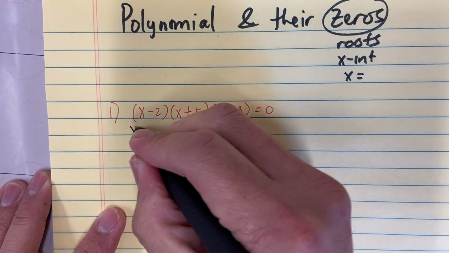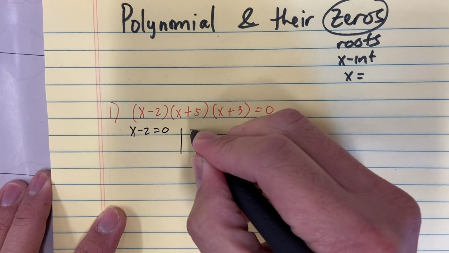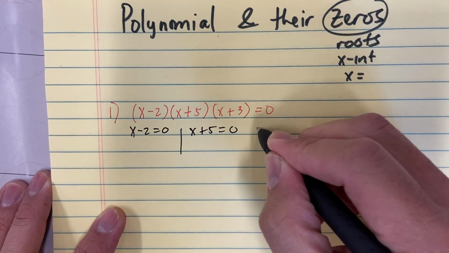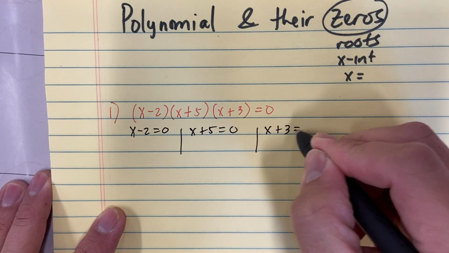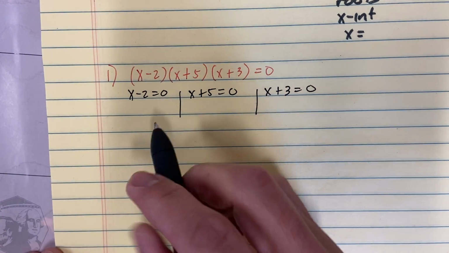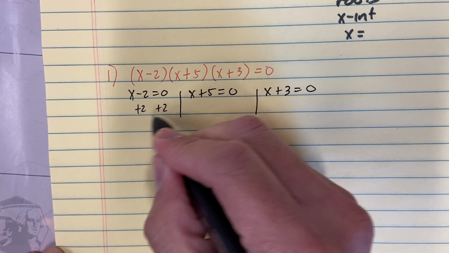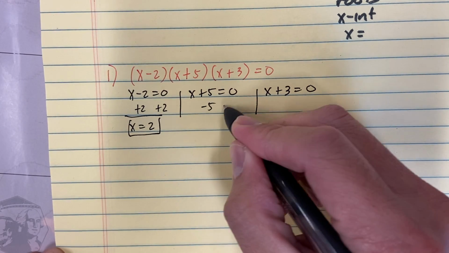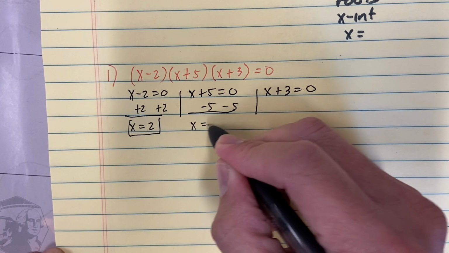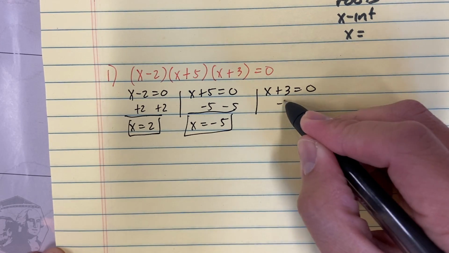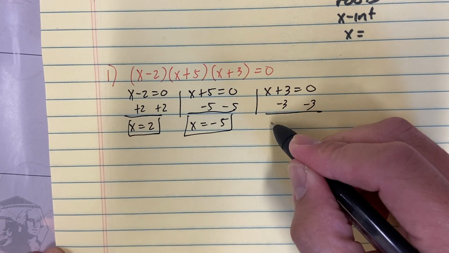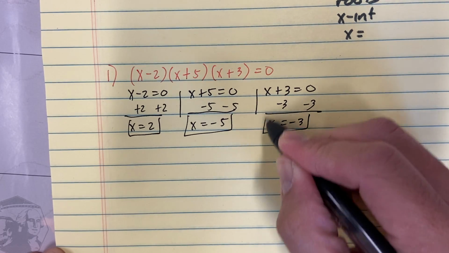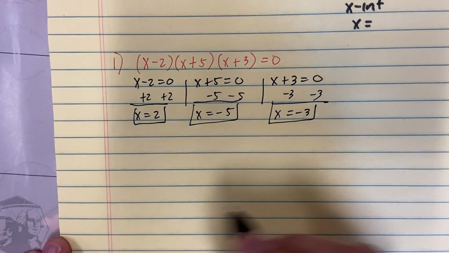So this will be x - 2 = 0, x + 5 = 0, x + 3 = 0. Solve for the x: plus 2, so therefore x = 2. Negative 5, so therefore x = -5. Minus 3, so therefore x = -3. Very simple, right?